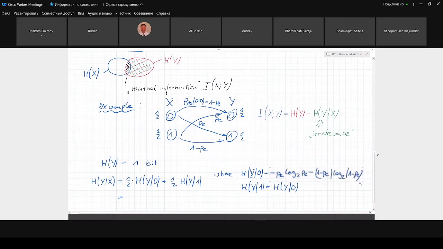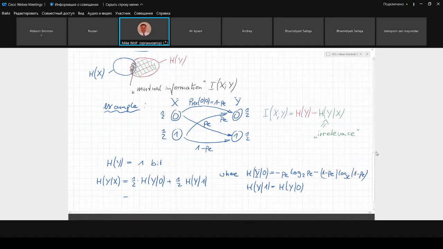Oh, now the mouse is completely crashed, I guess. Sorry, I write it here. It is equal to minus PE log 2 of PE minus 1 minus PE log 2 of 1 minus PE.